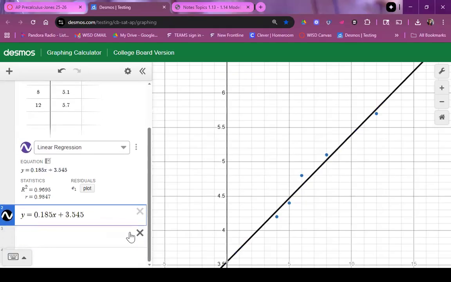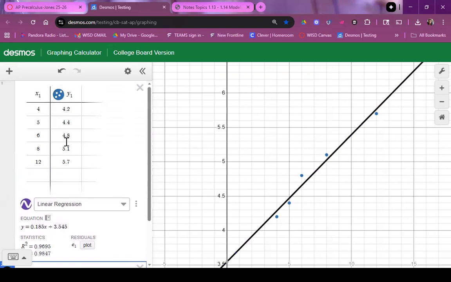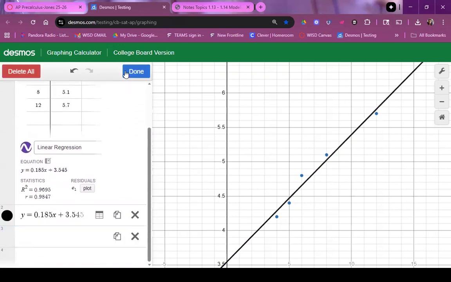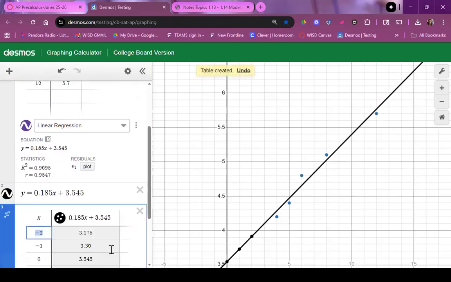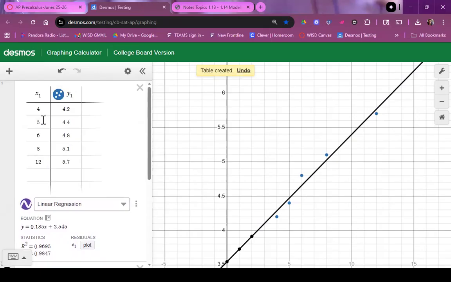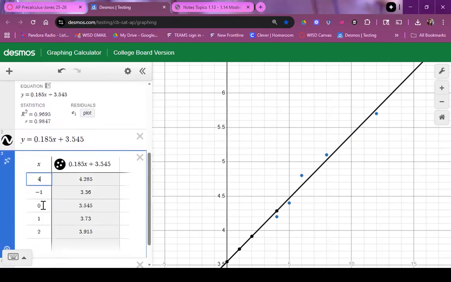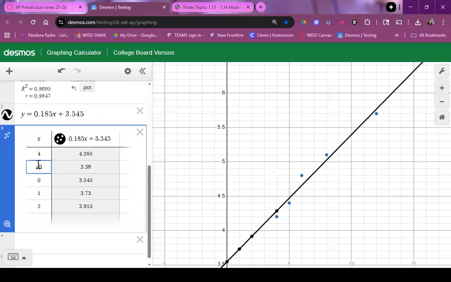Okay. To get all of your values for this, you're going to turn on the table. Turn on your table by clicking your little gear. I'm going to put in the same values that are here: 4, 5, 6, 8, and 12.